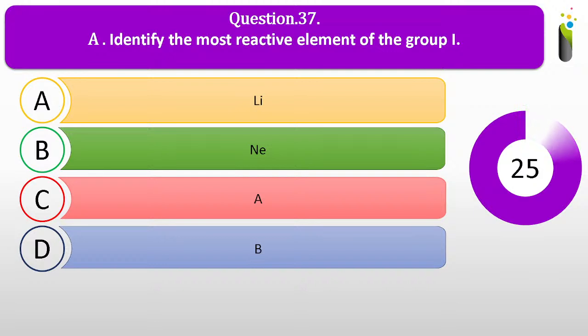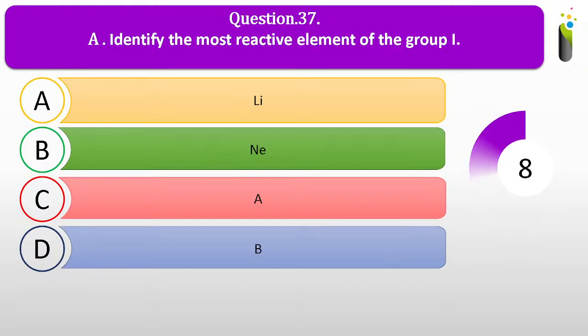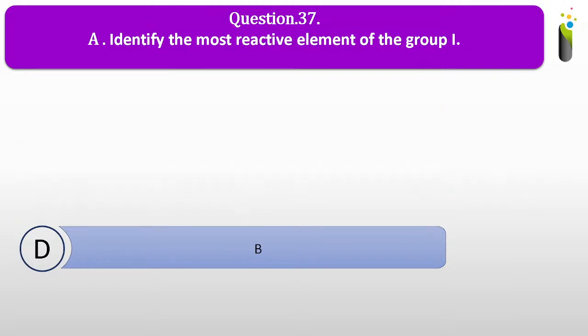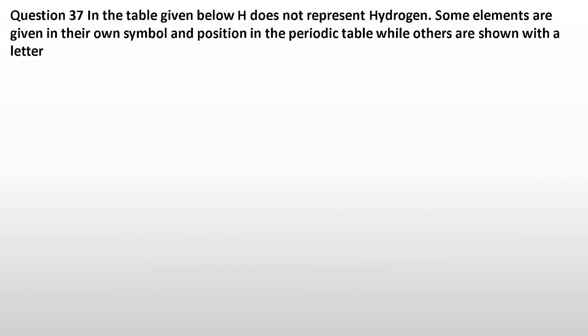So what should be the answer for question number 37A? The most reactive element of group 1 should be D, that is B. Question number 37.